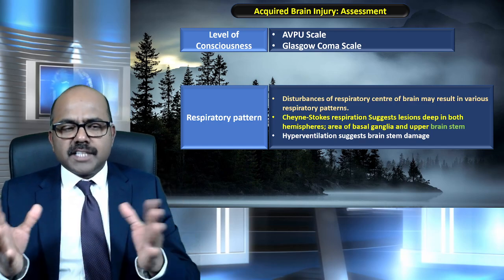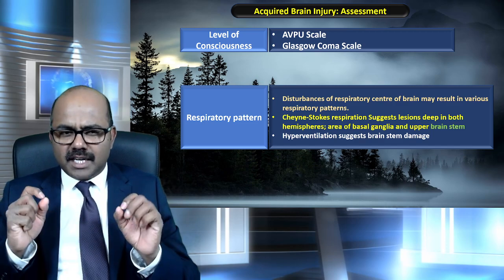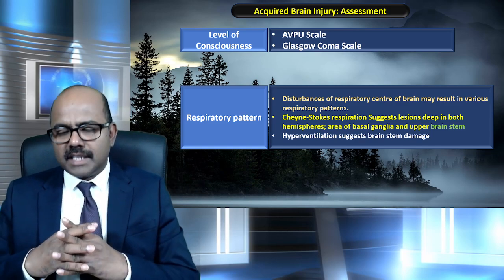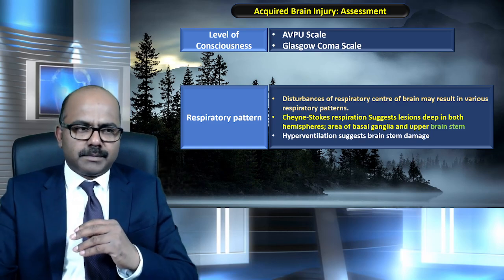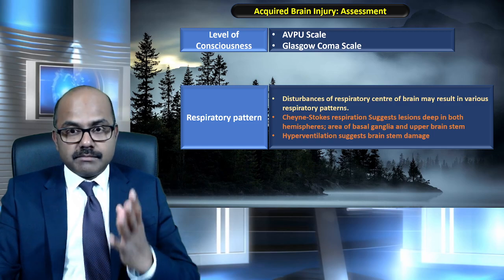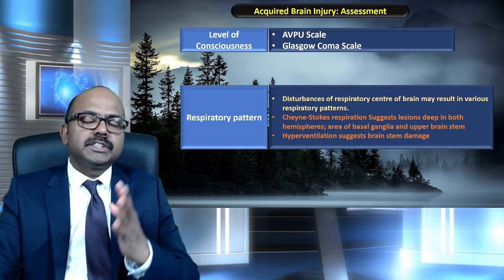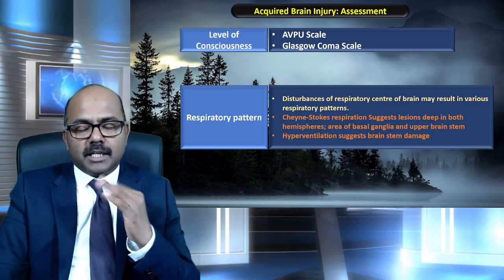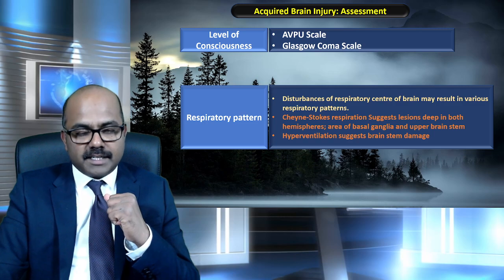If Cheyne-Stokes respiration, that suggests lesions deep in both hemispheres, and if it's hyperventilation, that suggests the patient has brainstem damage. If the patient is having bradypnea and bradycardia and hypotension, that indicates the patient has very high intracranial pressure, and the patient may be having brainstem herniation.